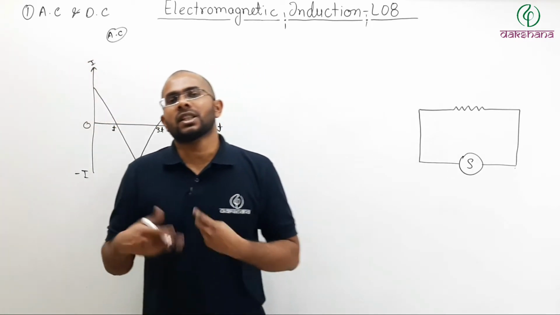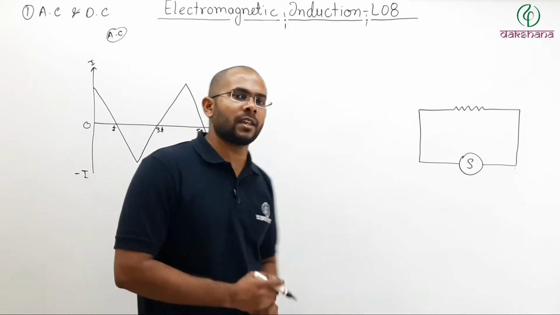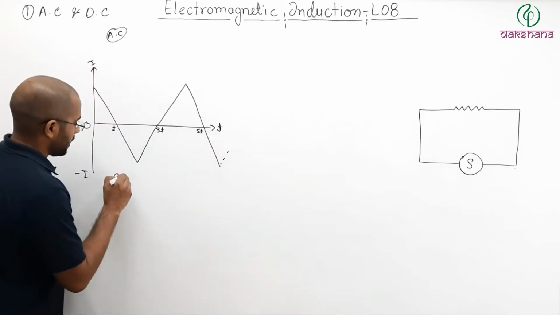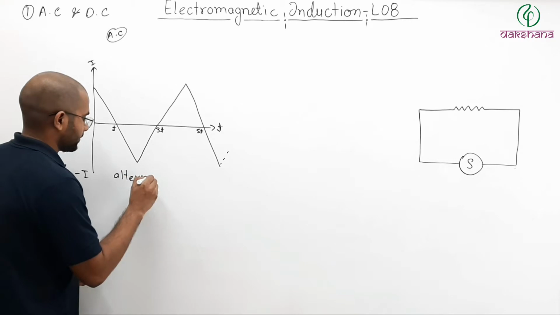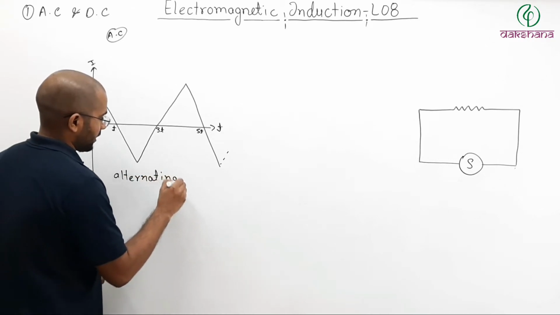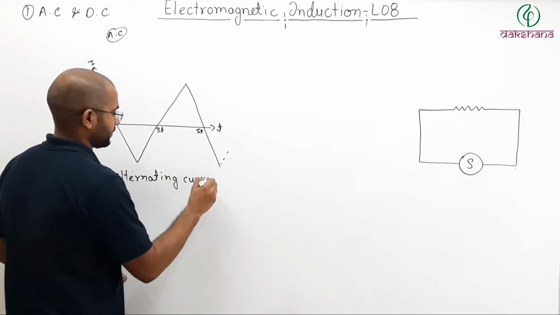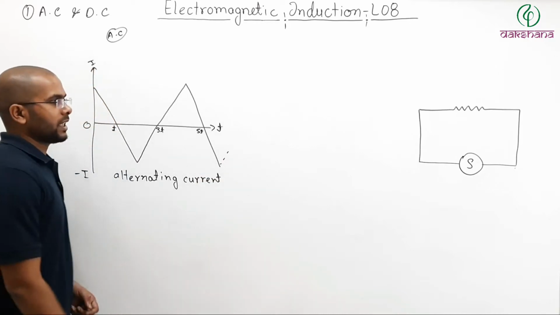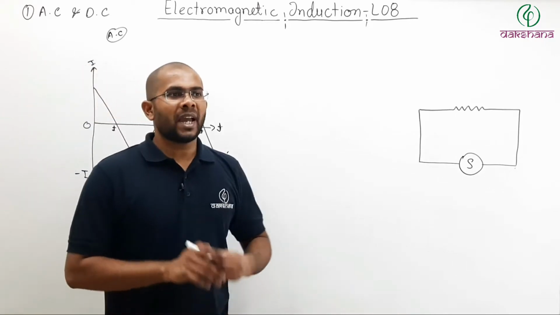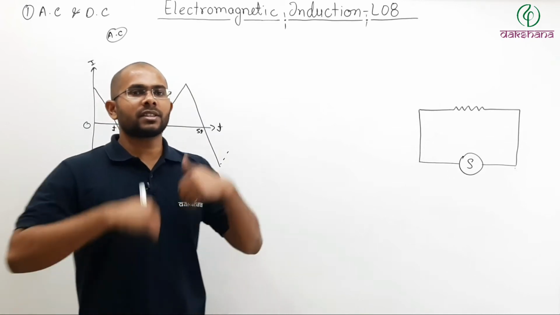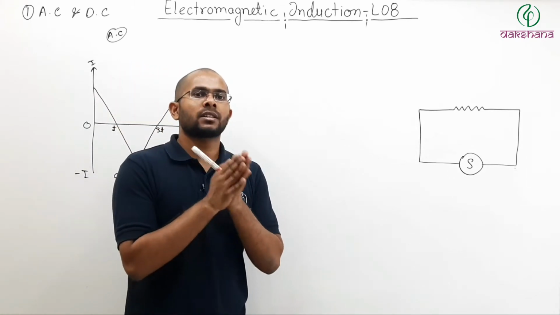So if the direction is changing at a regular interval of time, that will be called your alternating current. So in case of alternating current, magnitude can vary, just the direction should remain changing.